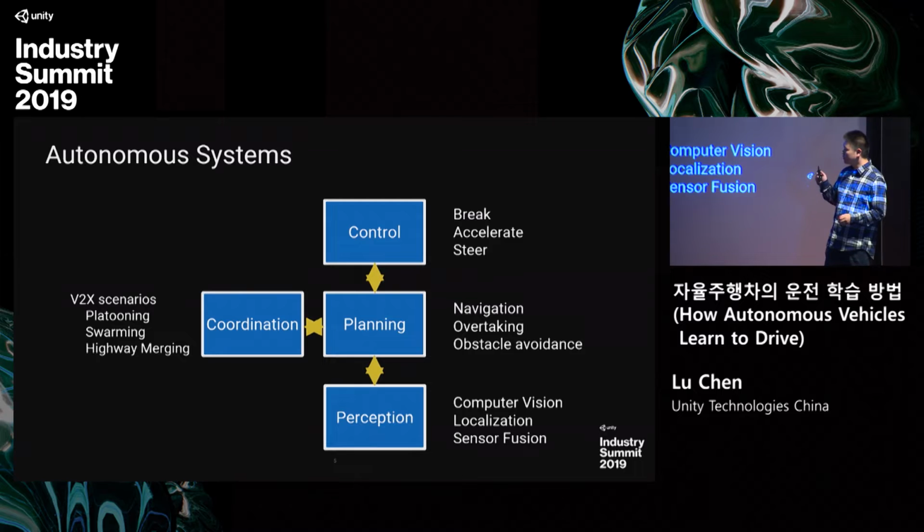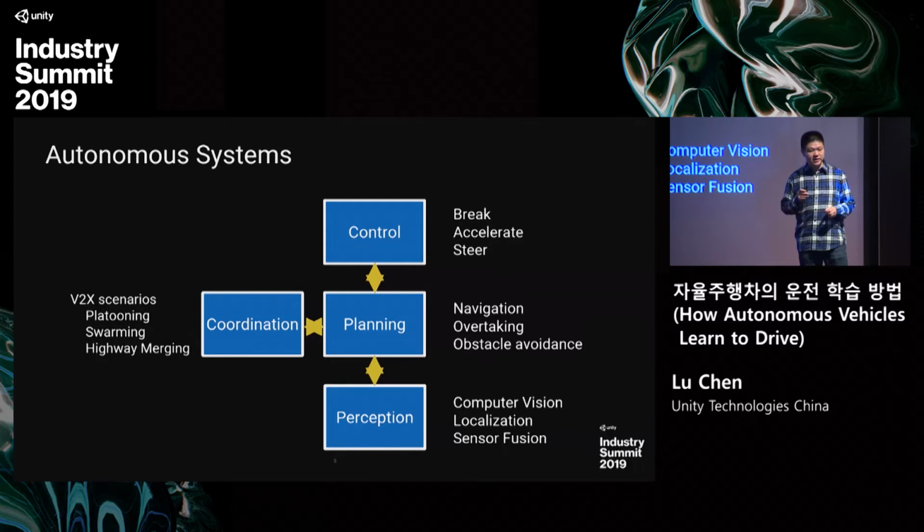Sometimes we also use coordination. It means that besides the perception information from the car, we also get information from the other side. We call it V2X technology. V2X means V2V or V2I. V2V means, for example, the car in front of you can send your car a message to say, okay, I will stop.